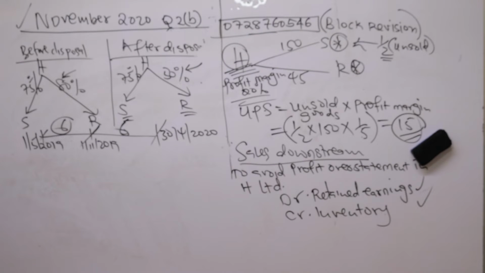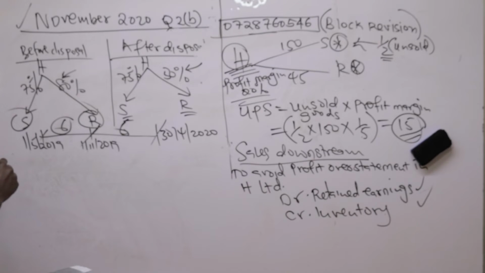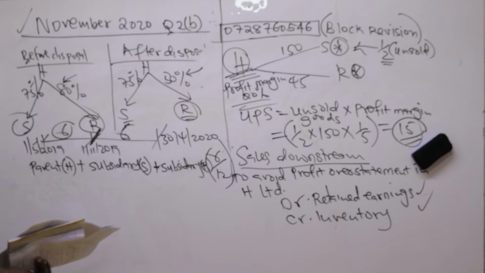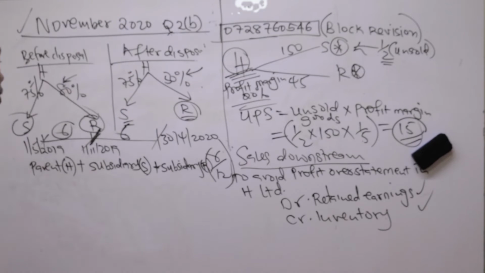So we are told to present what? The second part of the question: the consolidated statement of profit or loss. So H will consolidate S and R. Based on the consolidation and what is required, what we are going to do is the income statement.